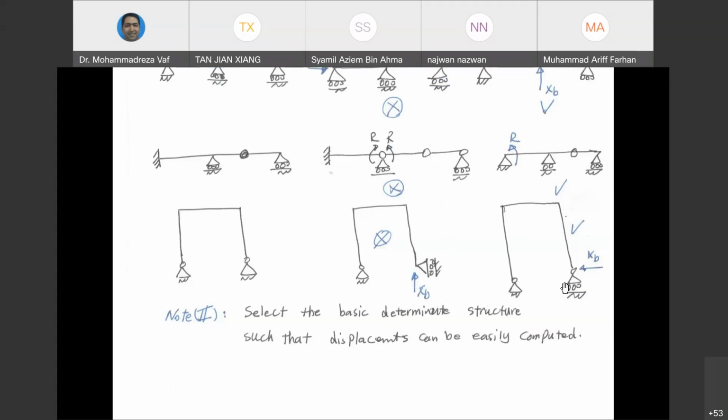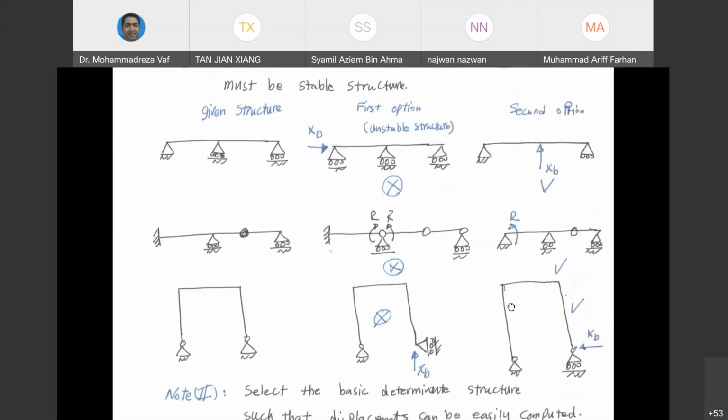In that case, your structure is stable and you can get XP, and then after that, you can analyze the whole structure. So these are 3 examples of the cases that the redundant support reaction can make your structure unstable, and you're not allowed to do that because the analysis is not going to give you a correct answer. And you need to select the right support reaction in order to analyze your structure.